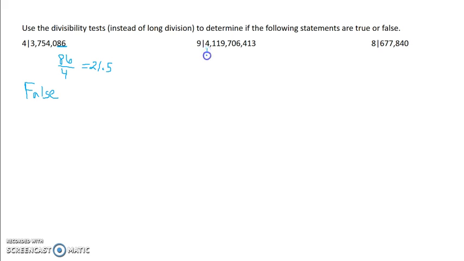So, in this case, I have 4 plus 1 plus 1 plus 9 plus 7 plus 0 plus 6 plus 4 plus 1 plus 3, and that equals 36. 36 is divisible by 9. So is this number. So this is true.